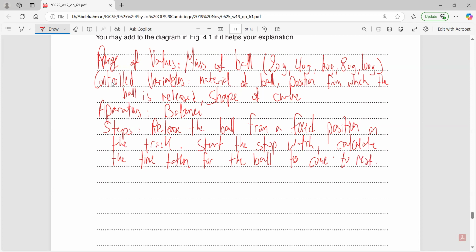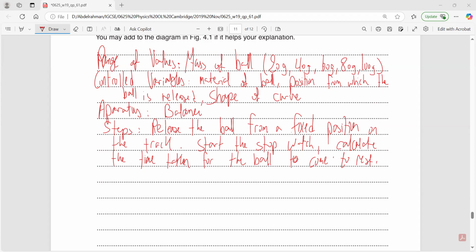Okay, you need to measure the time taken for the ball to come to rest. Then you need to stop the stopwatch, and that's it. That's literally all you do for this question. You just release the ball from a certain position, measure the time taken for the ball to stop, and then that is it.